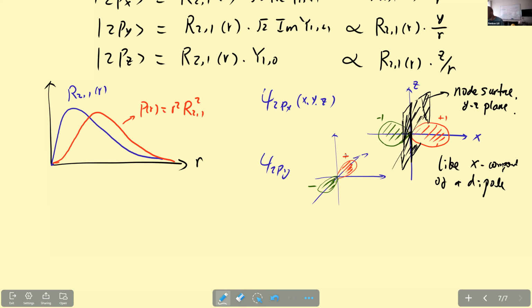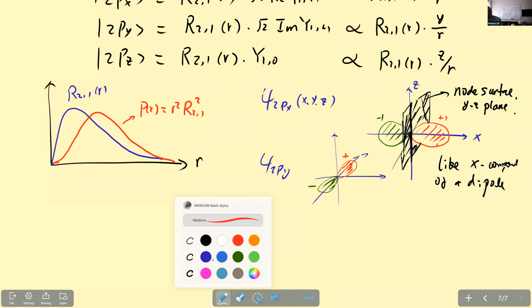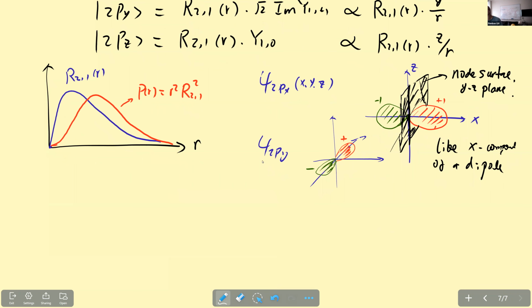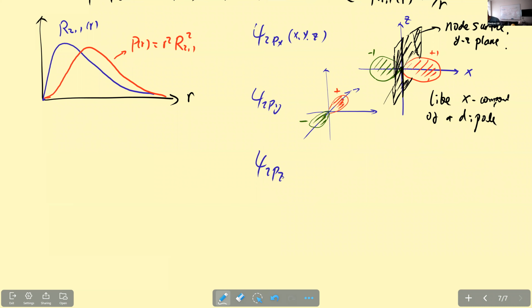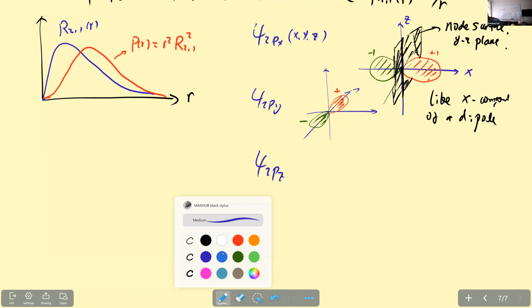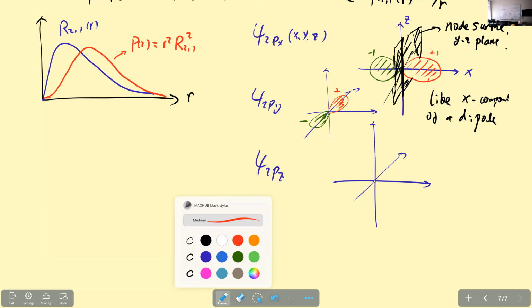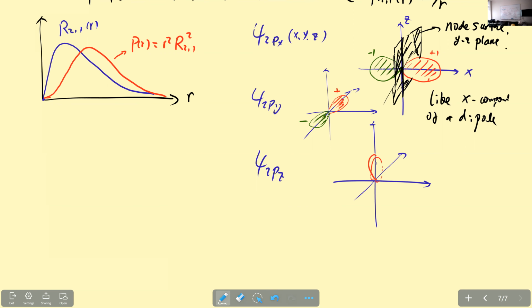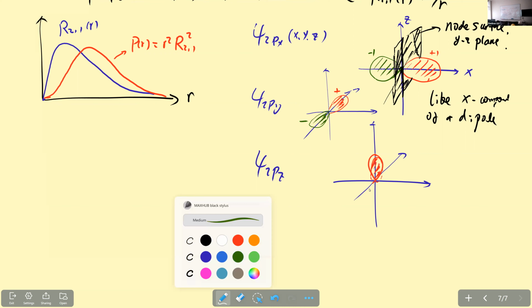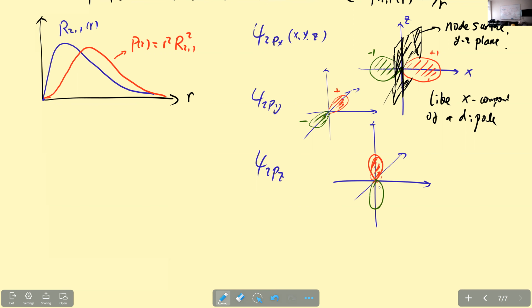And then similarly, you're going to have the 2pz state. That will also be very simple. Again, there's positive like this one, and then negative like this one.